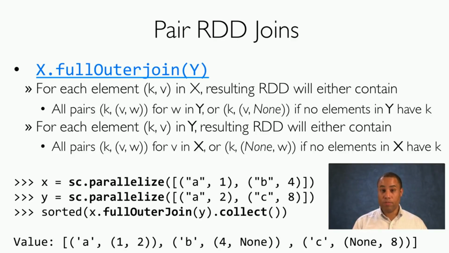And then finally, we'll end up with the pair C and (None, 8), because C only appears in Y and not in X, and it appears with the value 8.